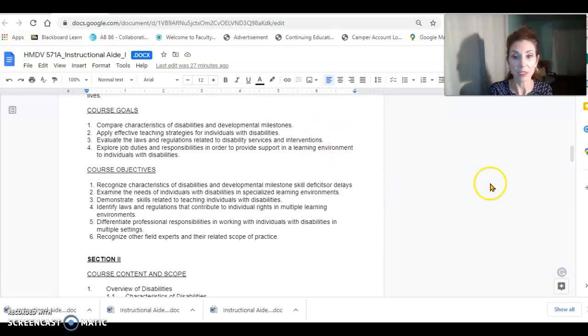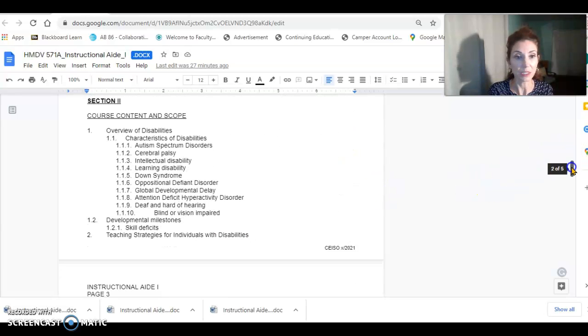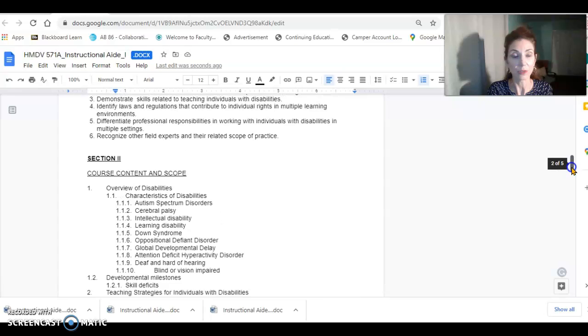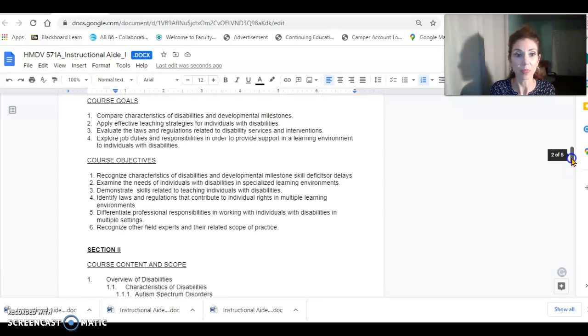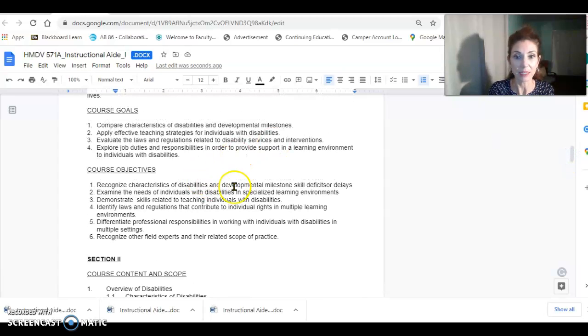We have in our overview of disabilities a bunch of disabilities here. Look at this, it's not in line, is it? I'll fix that later. And the developmental milestones, really looking at those skill deficits and what that looks like, recognizing those skill deficits or delays.